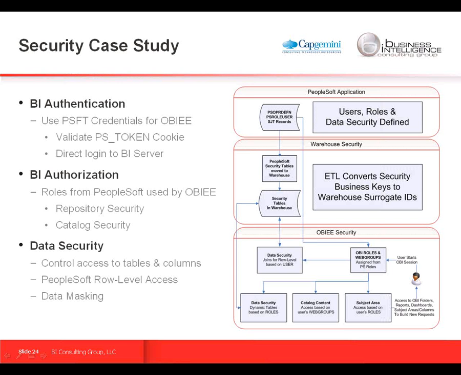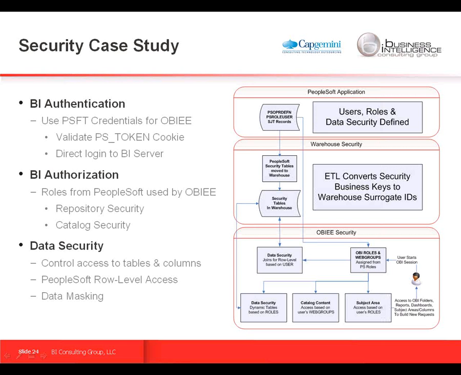Once they were authenticated, we wanted to get their roles out of PeopleSoft instead of having to maintain roles in the BI application as well as PeopleSoft. So we used the BI authorization to use PeopleSoft roles.